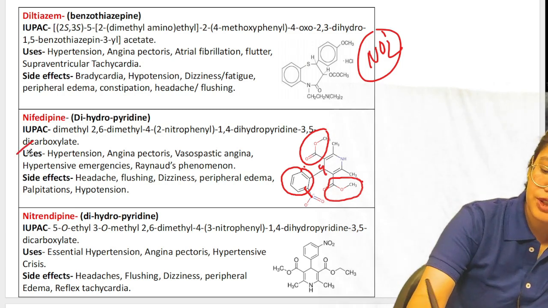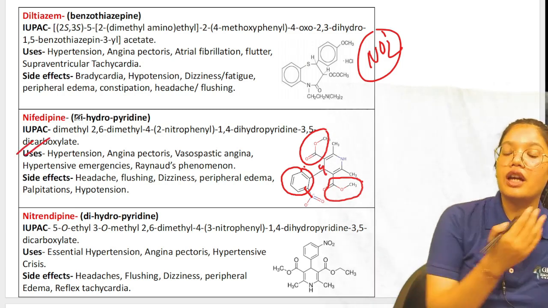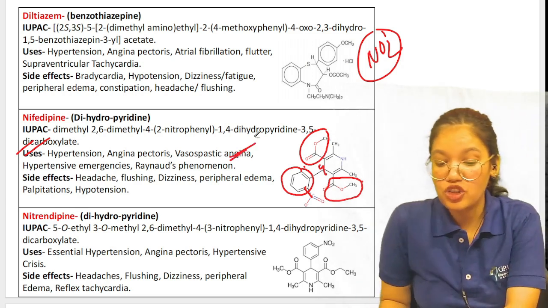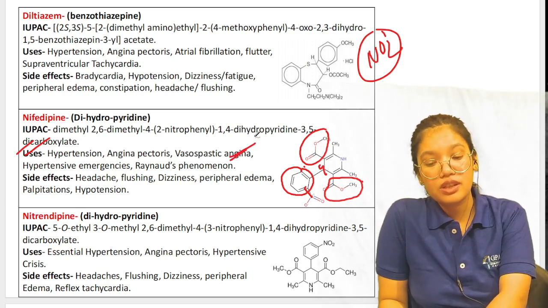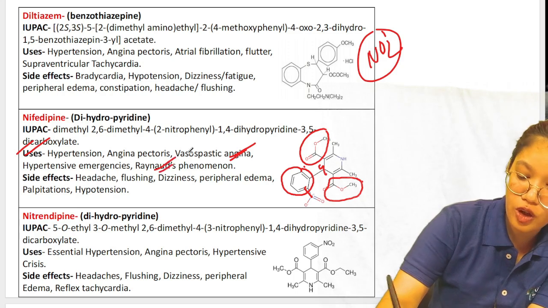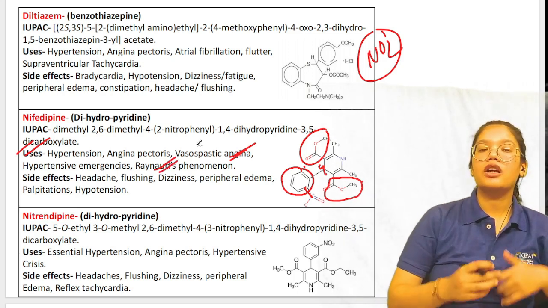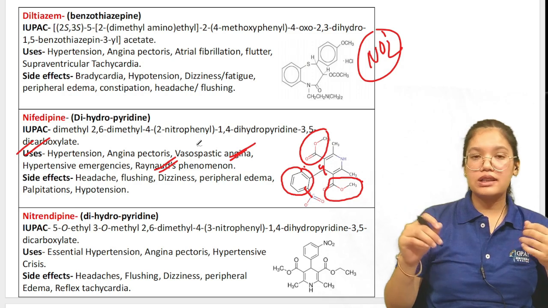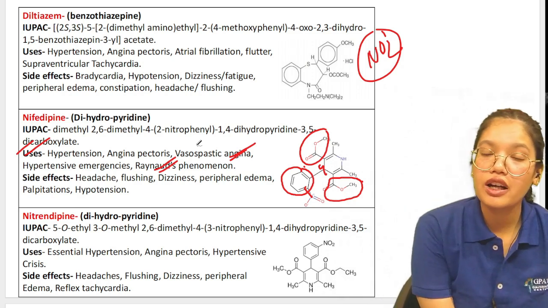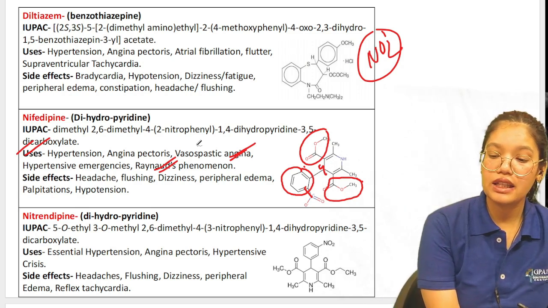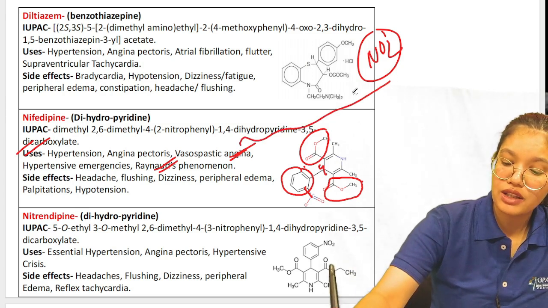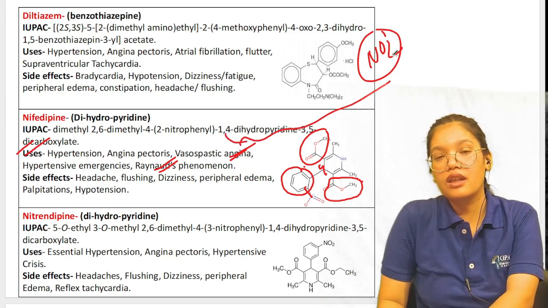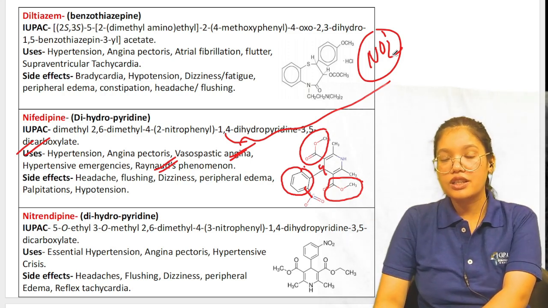Now uses, if we talk about hypertension, angina pectoris, vasospastic angina, then hypertensive emergencies, we can use it in Raynaud's phenomenon. Now, what is this Raynaud's phenomenon? This is basically the constriction of the blood vessels at the fingertips or the toes, and this is enhanced by the stress and the cold, and this results in bluish fingers and toes.